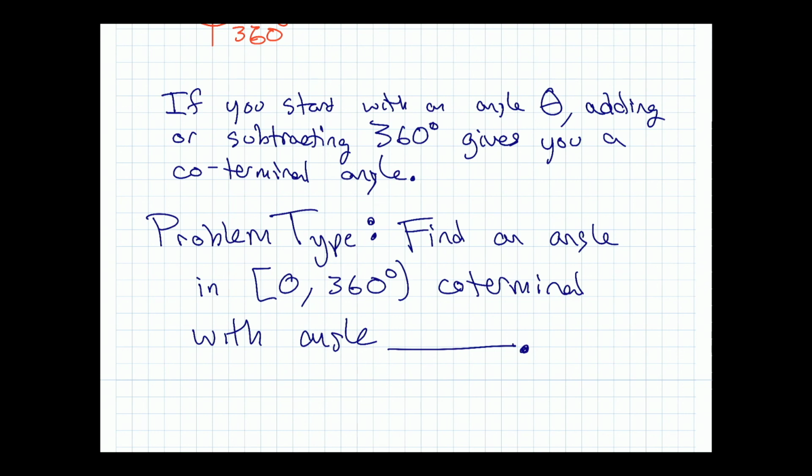So they're going to give you an angle and they want you to find an angle that's coterminal to it. Okay? And the key to doing this is understanding what I wrote right above it, right? You can add or subtract 360 degrees and you still get a coterminal angle, okay? So these problems aren't hard once you understand that.